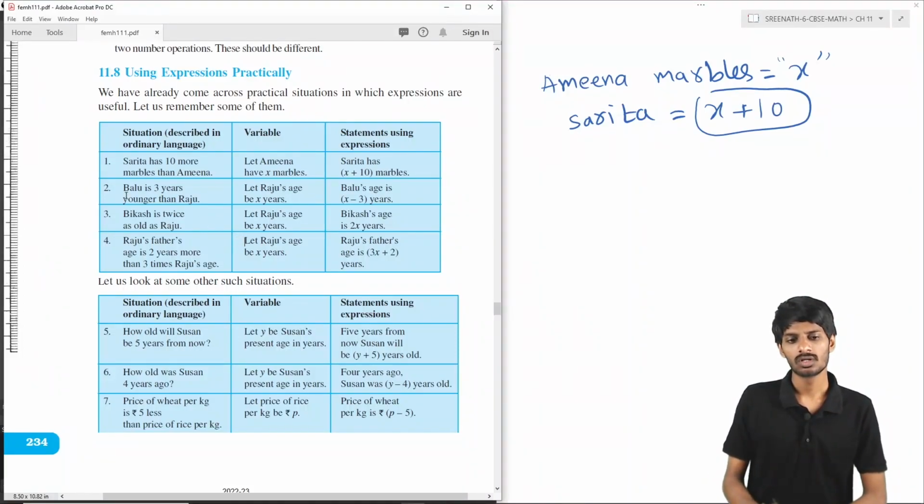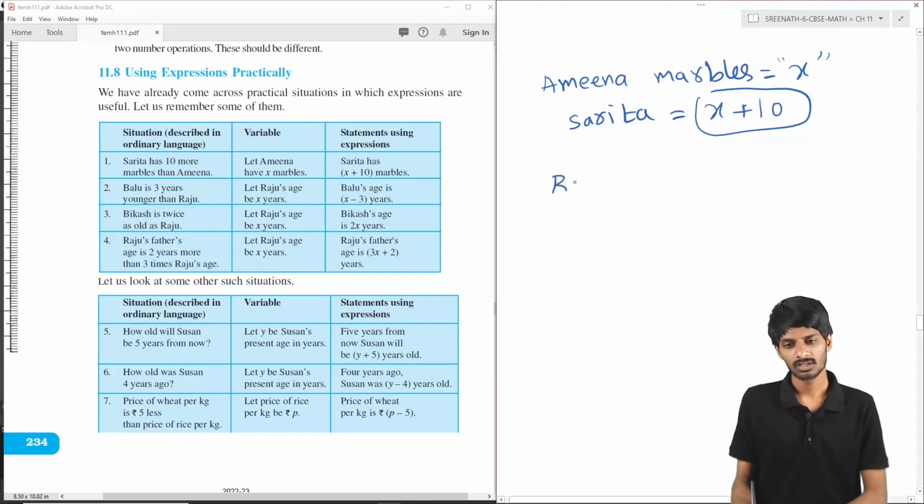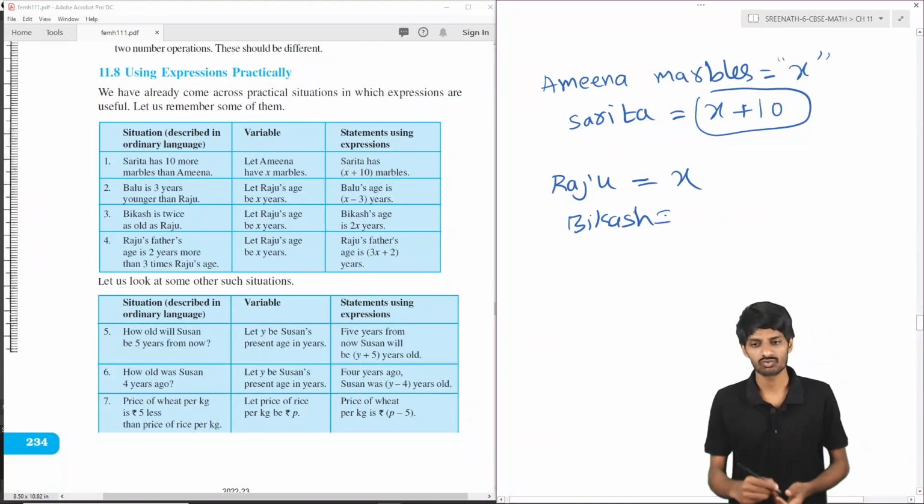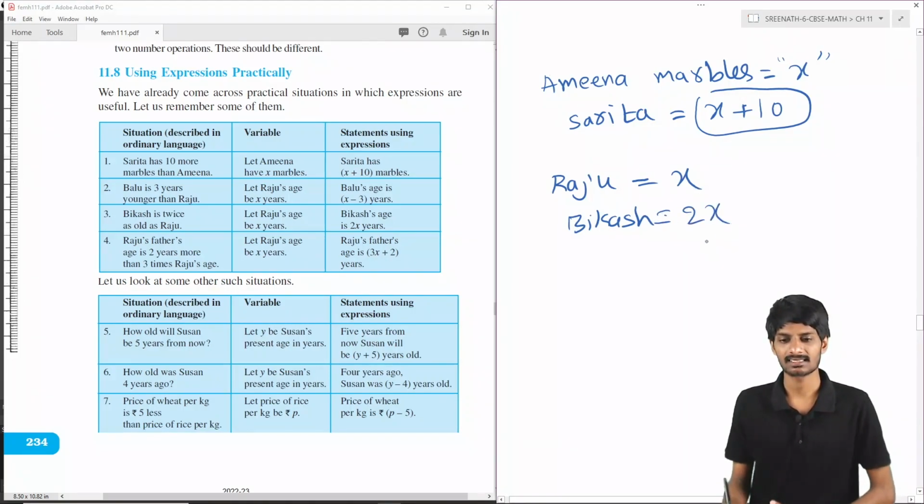We don't know, there is no information, but she is twice the age of Raju. So what is the age of Raju? We don't know Raju's age, so we are taking it as x. Then twice as Raju means multiply 2 into x. Like that, students.